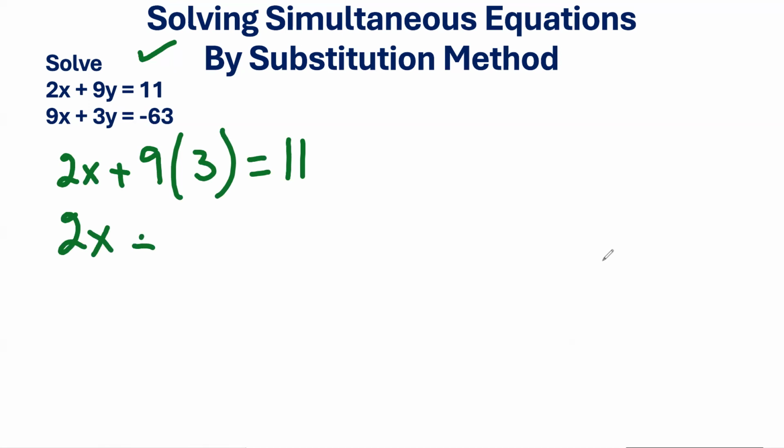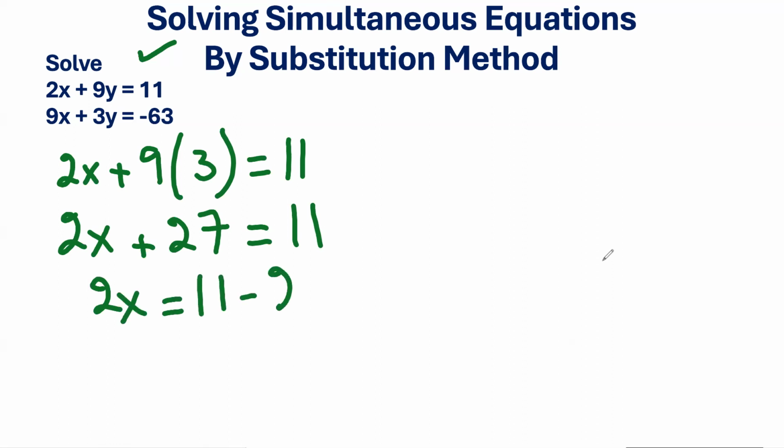9 multiplied by 3 is 27, is equal to 11. Now 27 will come on the right side. It will give you 11 minus 27. One integer is plus, another integer is minus. So you have to do minus.